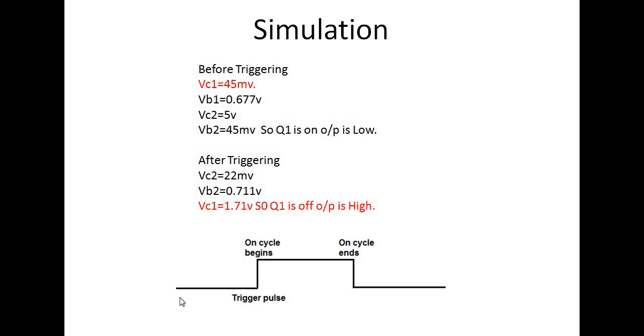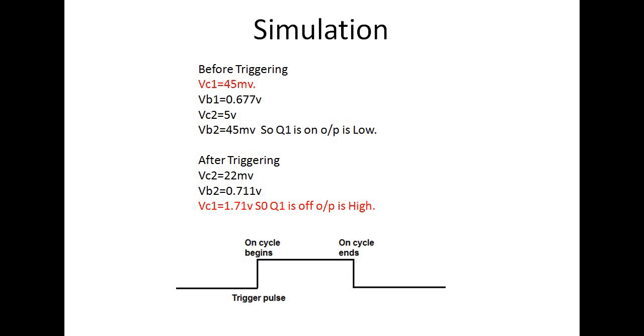Look at the output here. Before applying the triggering, output is 0. Right, the moment we apply the triggering pulse to the base of the left side transistor, output is changed from low to high. This duration of high depends upon the RC values, the RC time constant, right?